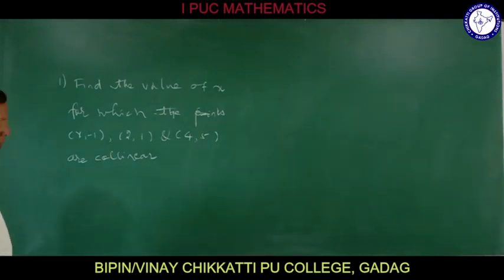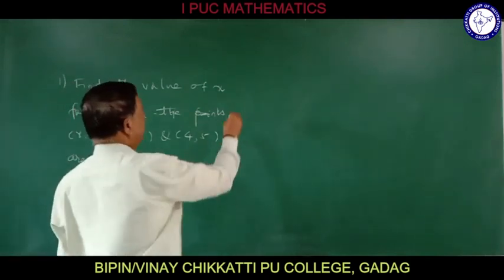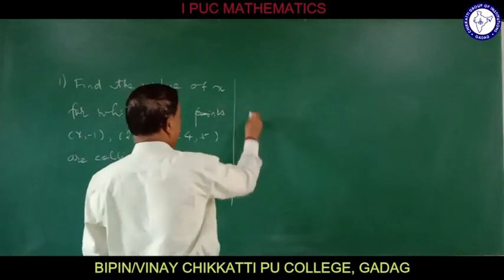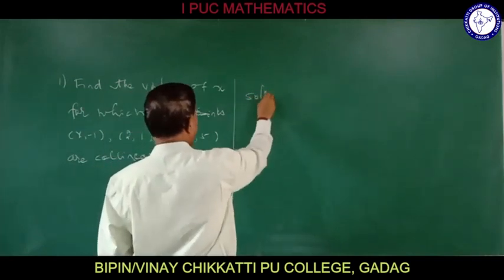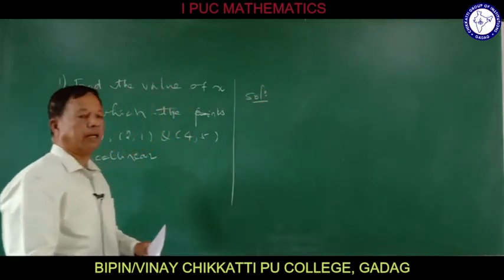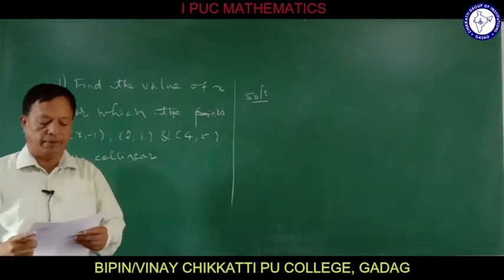3 points are given, they are collinear. So collinear meaning is what? The points are lying on the same line.